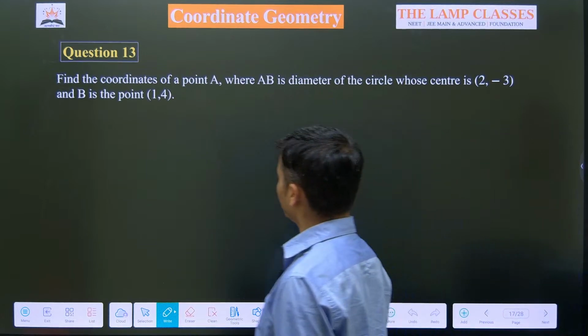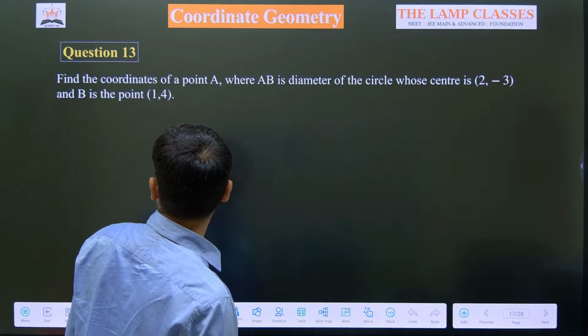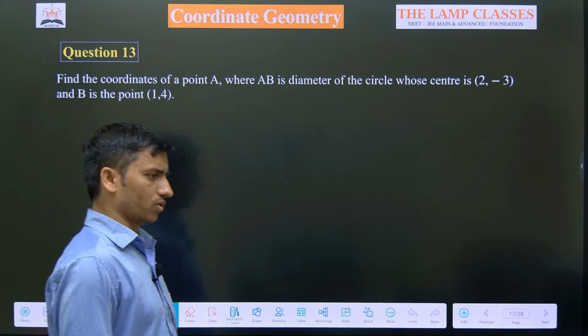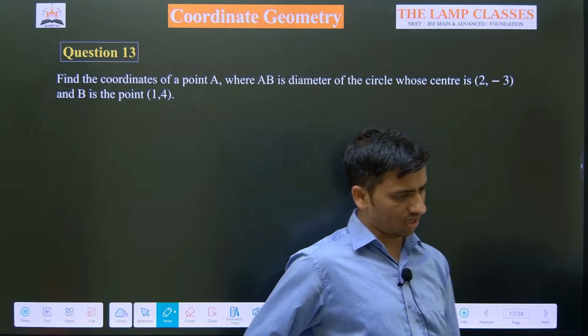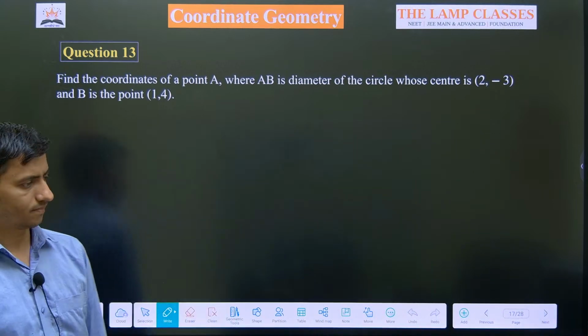Find the coordinates of A, where AB is a diameter of the circle whose center is 2,-3 and B is the point 1,4. So they are talking something about a circle. If we can make the diagram and if it helps, please do that and solve.